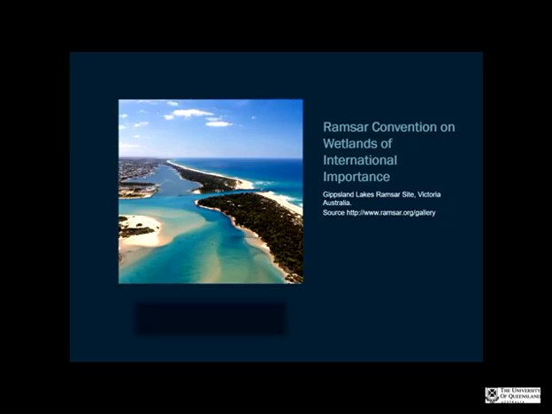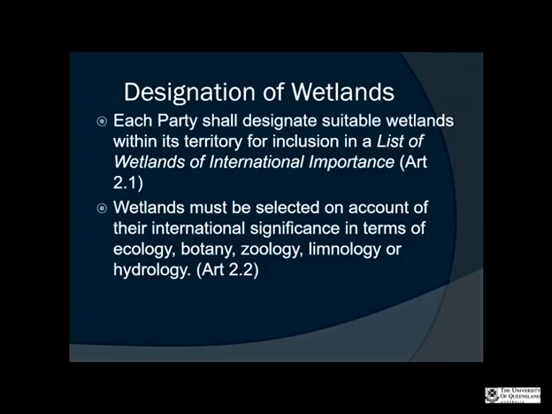So, for example, if we look at the Ramsar Convention on Wetlands of International Importance, it has quite a significant impact on the sort of things that we can and can't do within Australia. So parties, that means each country, has to identify suitable wetlands within its territory to include on the list of wetlands of international importance.